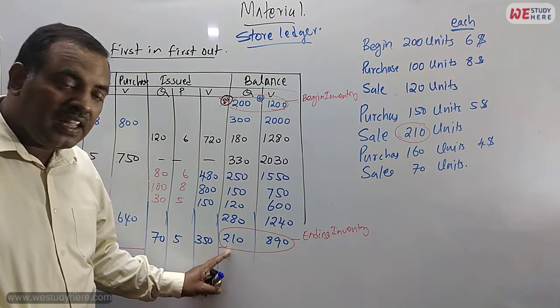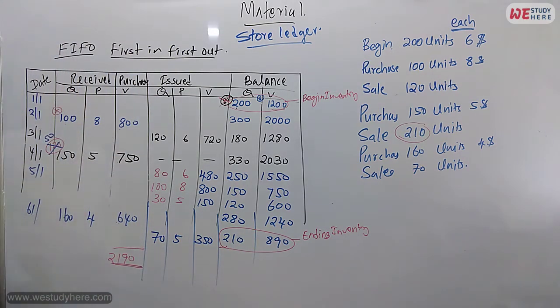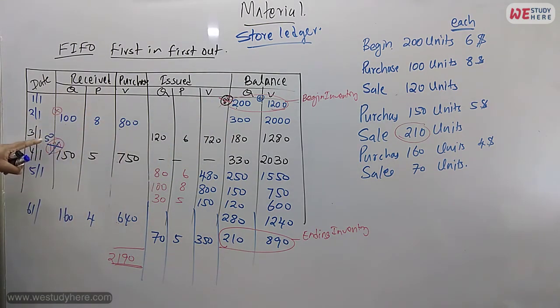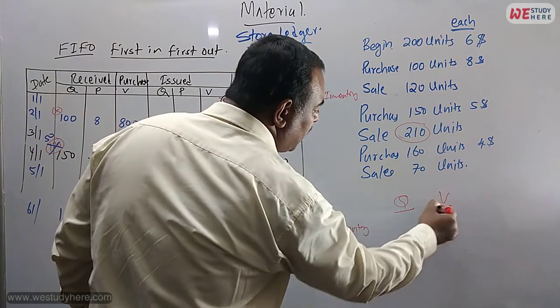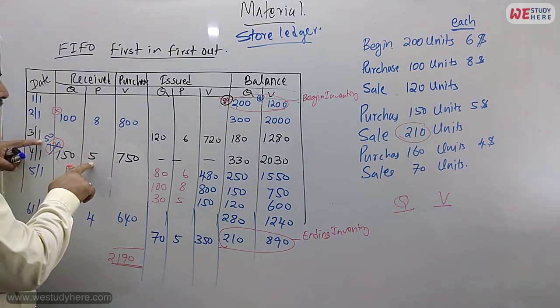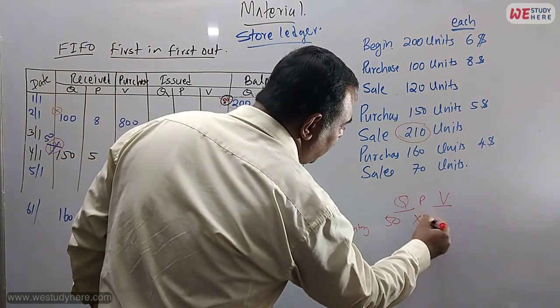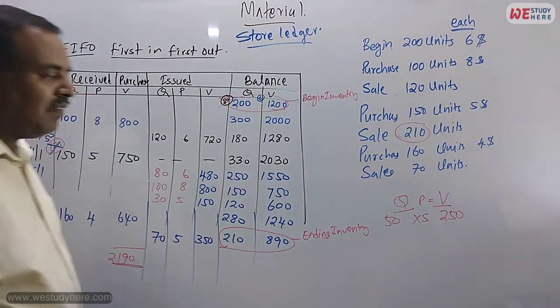Now we have to check our inventory, 210 units. It's correct. The amount also, correct or not. How are we going to check it? Okay. Now see, take the balance. This one is already gone. This amount also gone. How much remaining here? 50 units, right? See quantity, value. 50 units. How much price? 5. 50 units multiplied by price 5, you will get the value 250, right? The remaining we are taking.